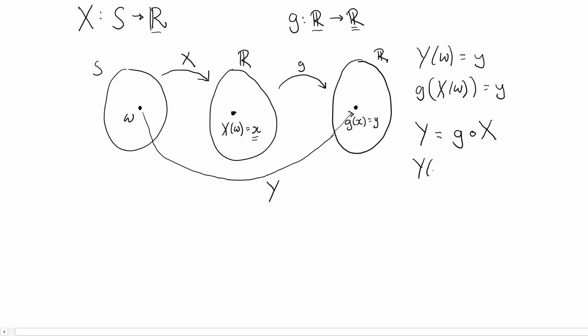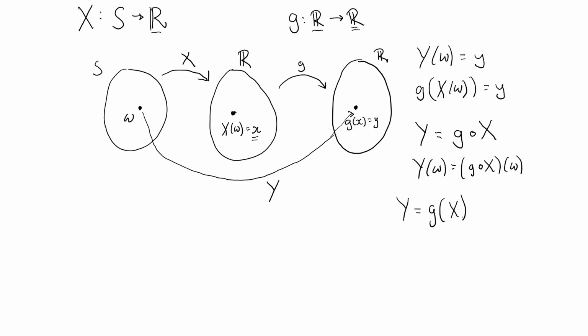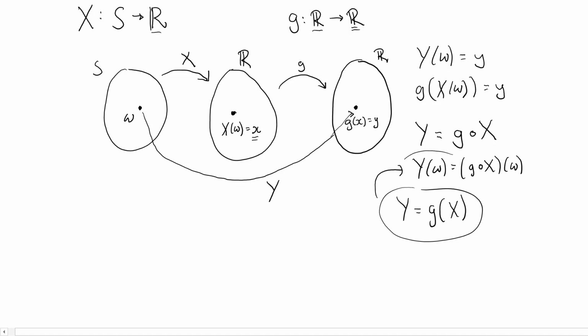And we can also write y of omega is this composition, g ∘ x of omega. The common notation here is that we write this as y is g of x, ignoring the argument omega. That's the common notation. But this thing here means precisely this thing here.